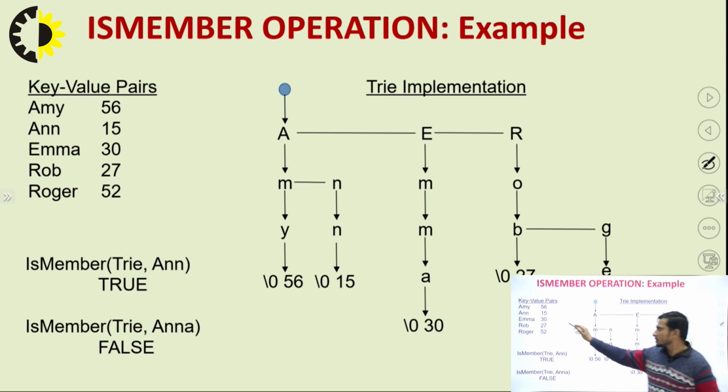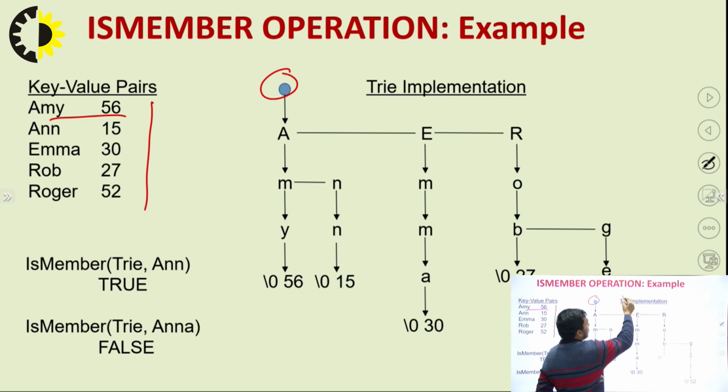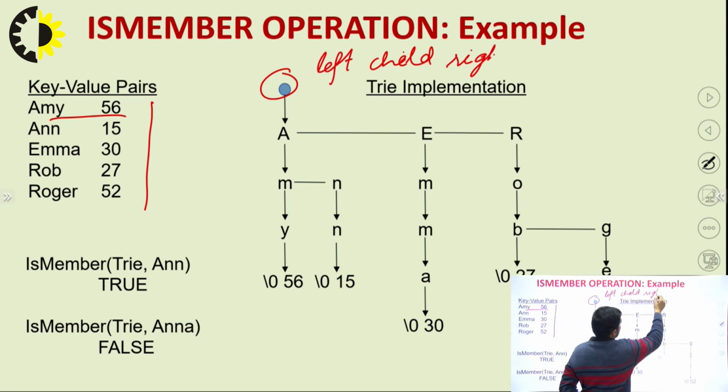So suppose this is our data. For that data, first we have ME56. This is our root node, so first we are storing ME. Whenever we are implementing a trie, a particular node usually follows the left child, right sibling mechanism.